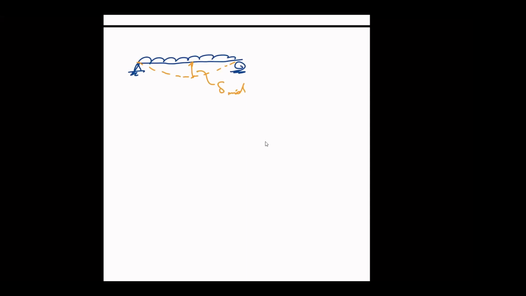But things would change if I introduce another support in the middle. When it was a simple beam, you would have the midspan deflection. But when another support is added here, you can no longer have the midspan deflection.